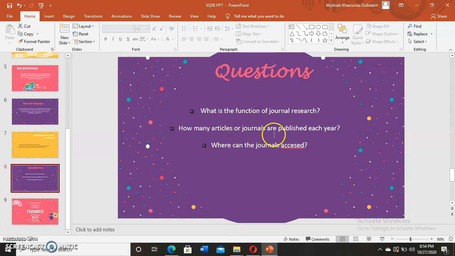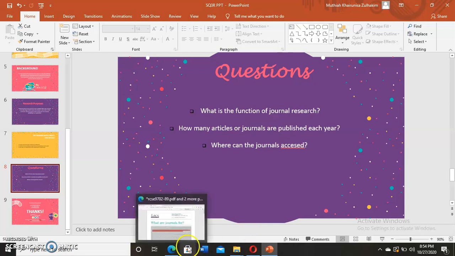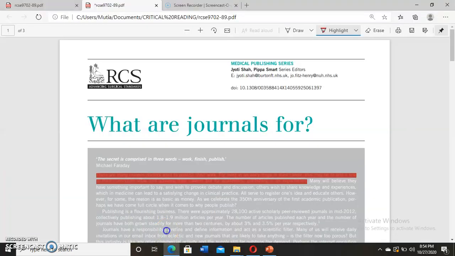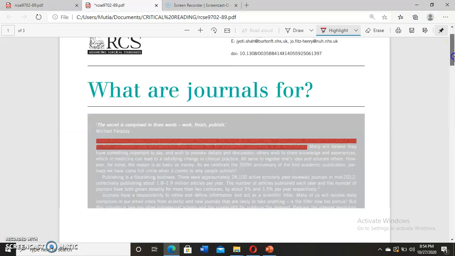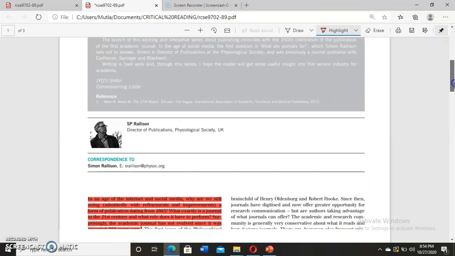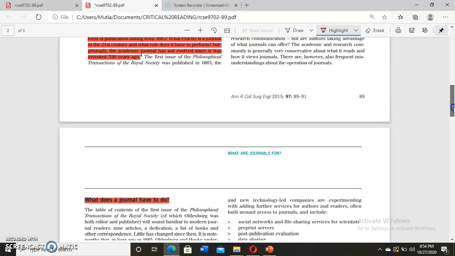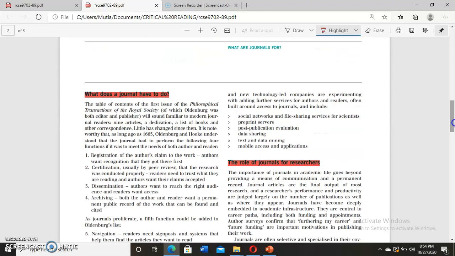What is the function of journal research? And this is the function of journal research. There are four functions, if it is to meet the needs of both author and reader.